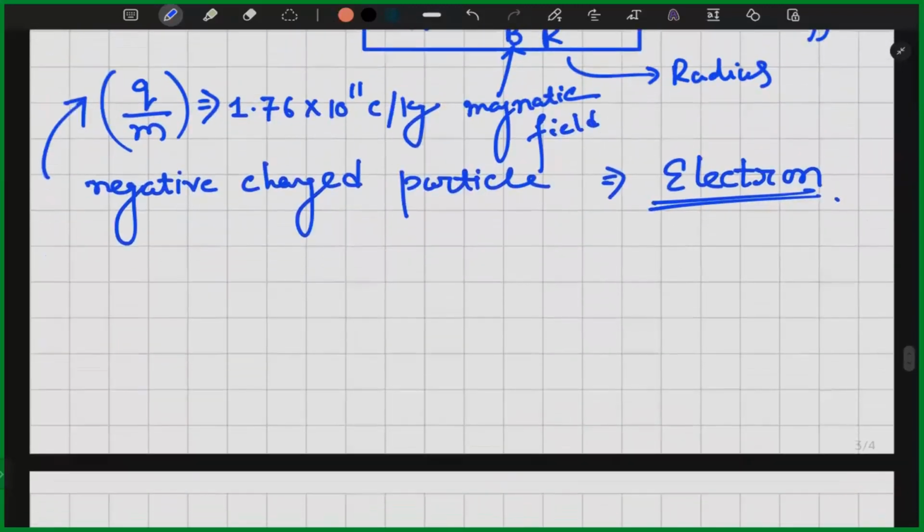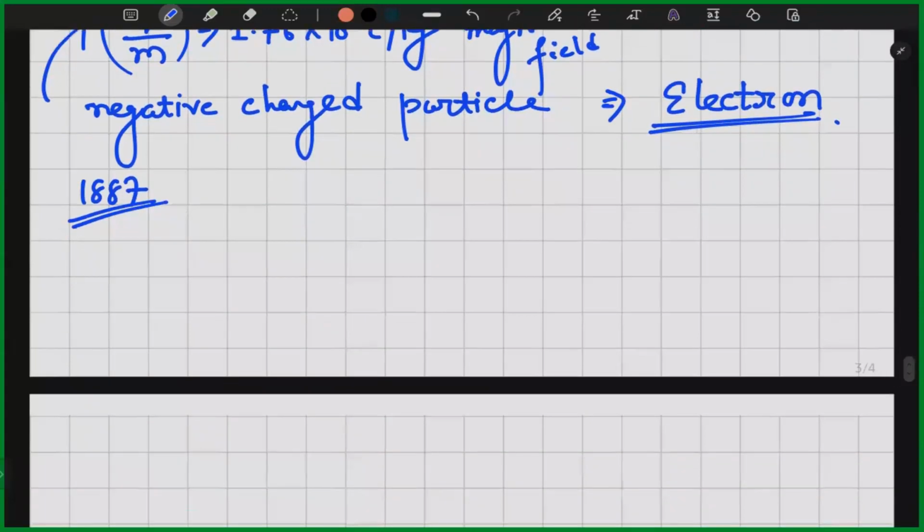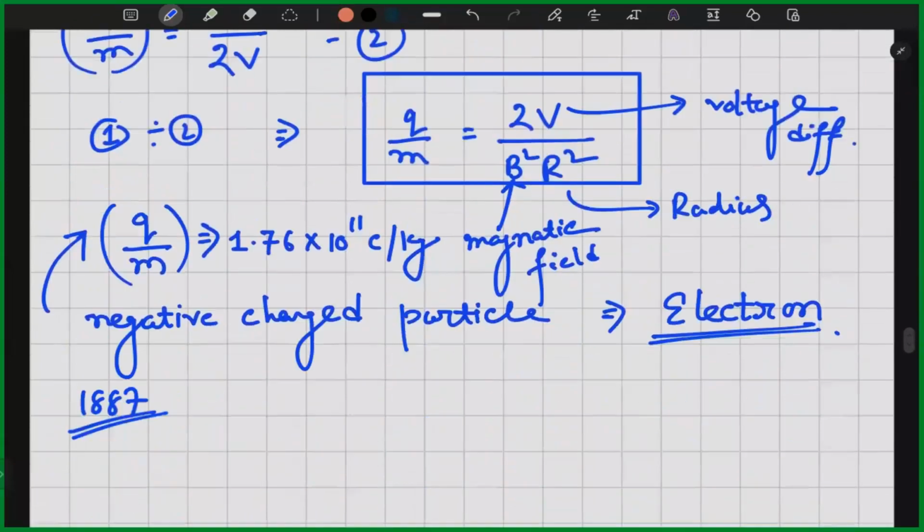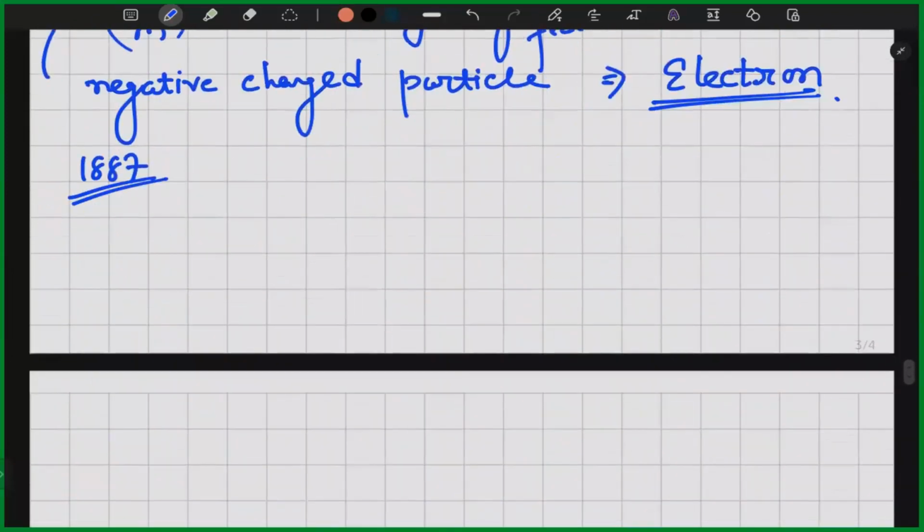See, in that period, 1887, and at a similar period, similar kinds of experiments were also done by several scientists, and not only in this cathode ray but also in some other experiment, where ultraviolet rays are irradiated on some plate, this type of particle flow also occurs.